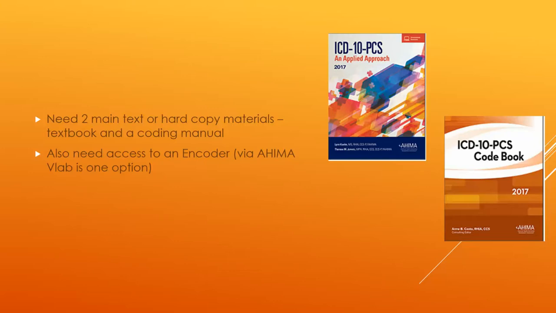This semester, if you buy your AHIMA access to only the encoder products, and there are 2 of them in the VLab, the cost is $75. The time frame for your subscription would still be for a full year, and you would be using your encoder access if you are in the coding program. If you take HIT 205 and HIT 280, you also use the encoder in those particular classes.